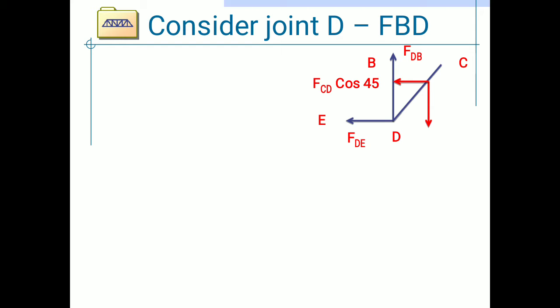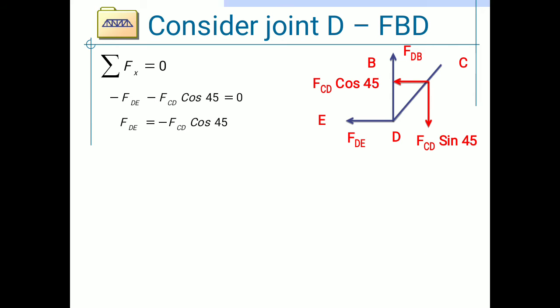Horizontal component FCD cos 45 and vertical component FCD sin 45. By applying the condition summation Fx is equal to 0, minus FDE minus FCD cos 45 is equal to 0. By solving this equation, we will get FDE equal to minus 20 kilonewton.